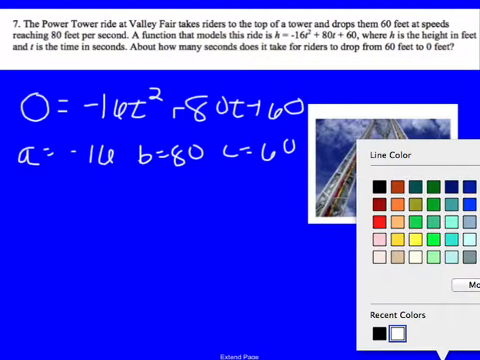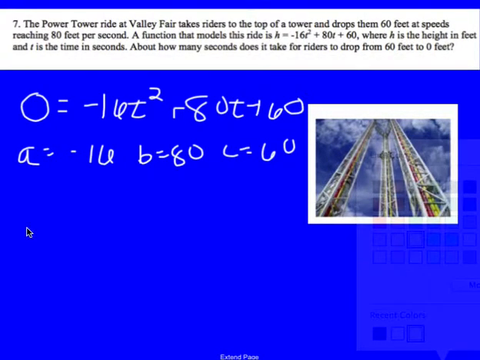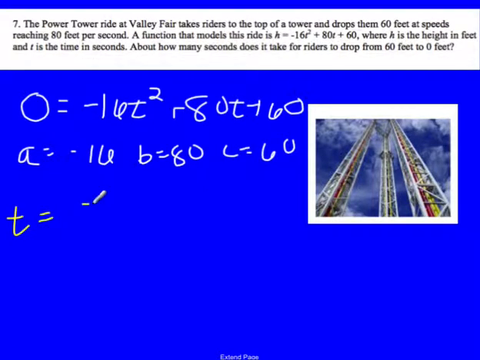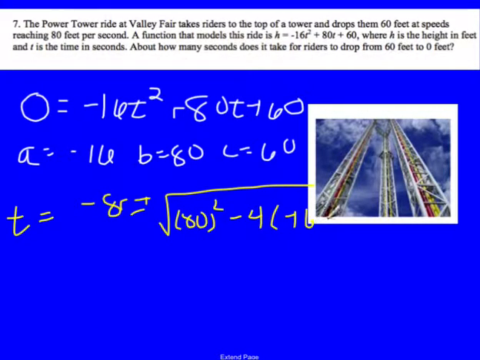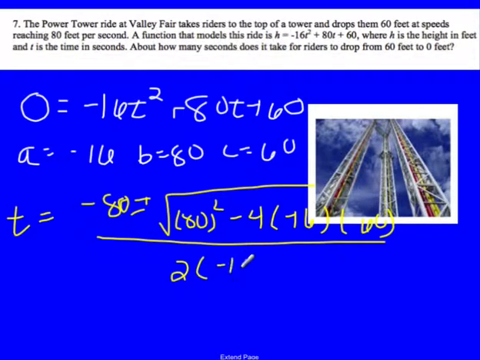So my t is equal to the opposite of b plus or minus the square root of b squared minus 4 times a times c, all over 2 times a.